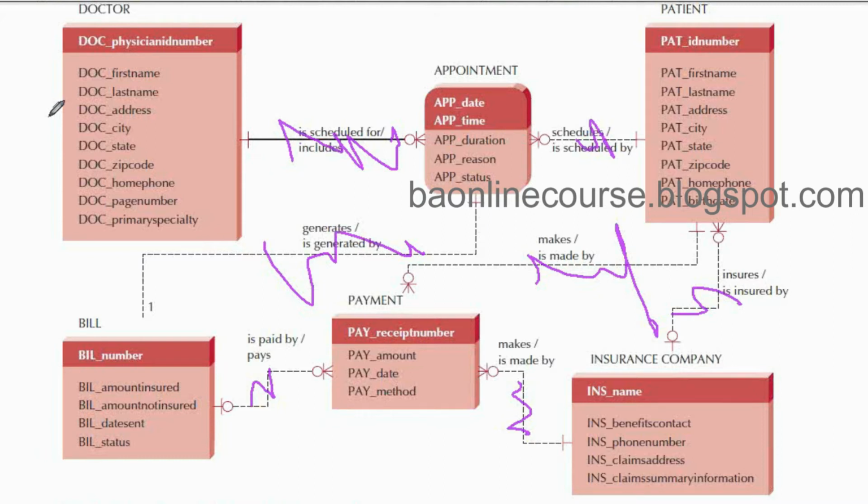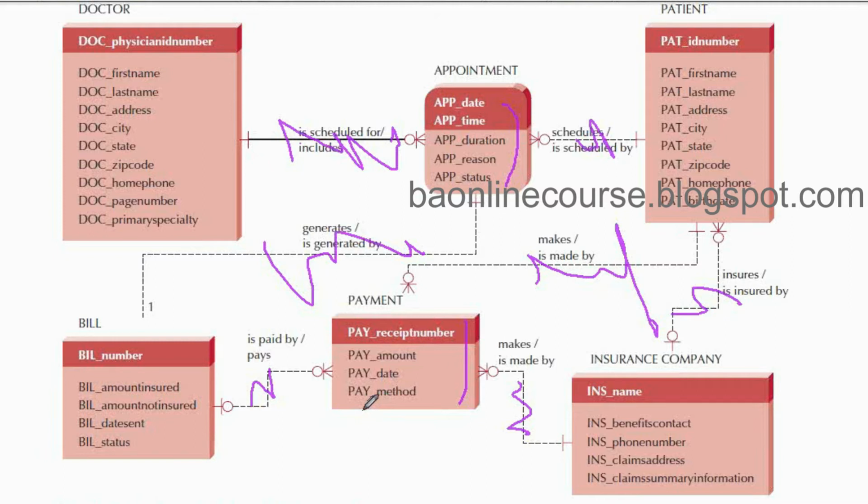So if I want to figure out, did we get the payment for this particular appointment, you will not know. You have all the appointment information, you have all the payment information, but there is no link directly. So unless you have this information connected, it doesn't make sense later.